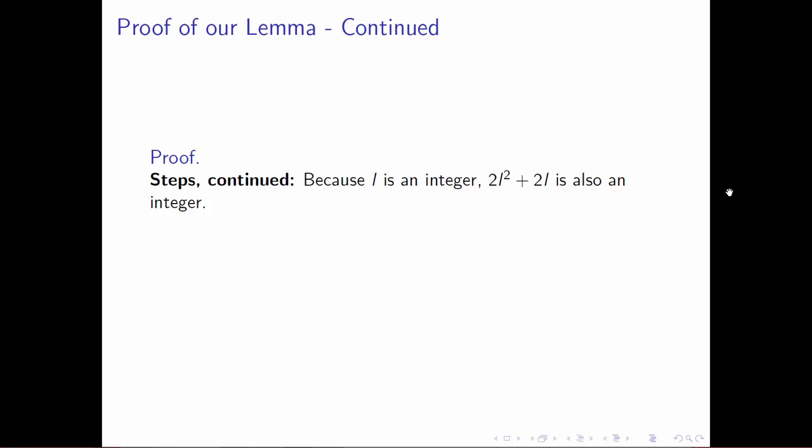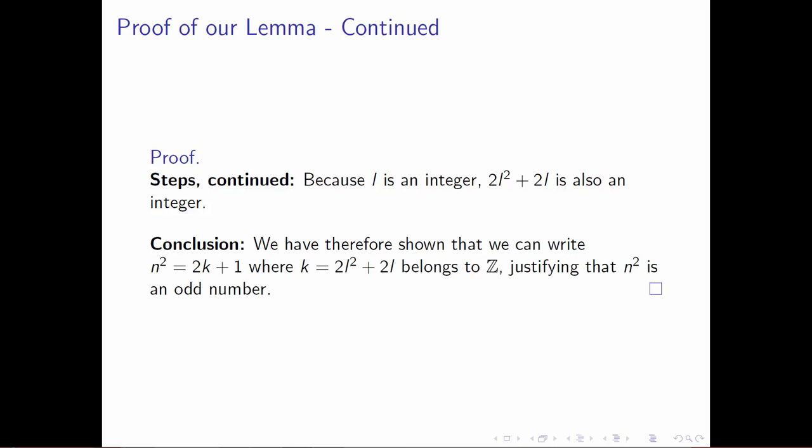Integers are what we call closed under addition and multiplication. And of course, if I take an integer and I add it to another integer, I'm still getting an integer. So because l is an integer, when I consider this thing, 2l squared plus 2l, I'm also getting an integer, which is important for my definition.